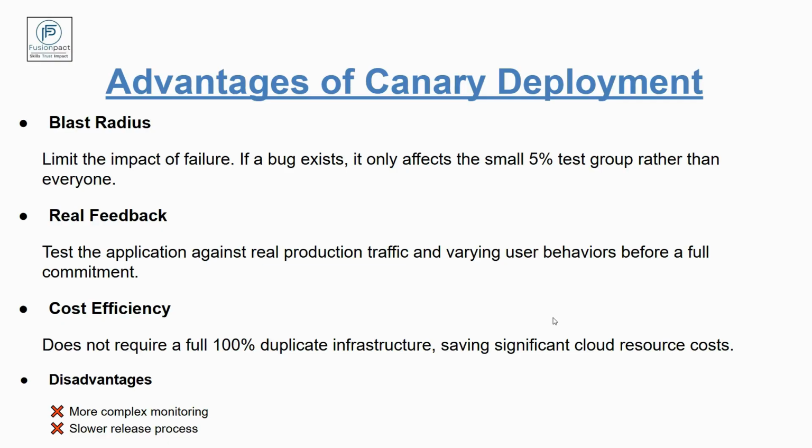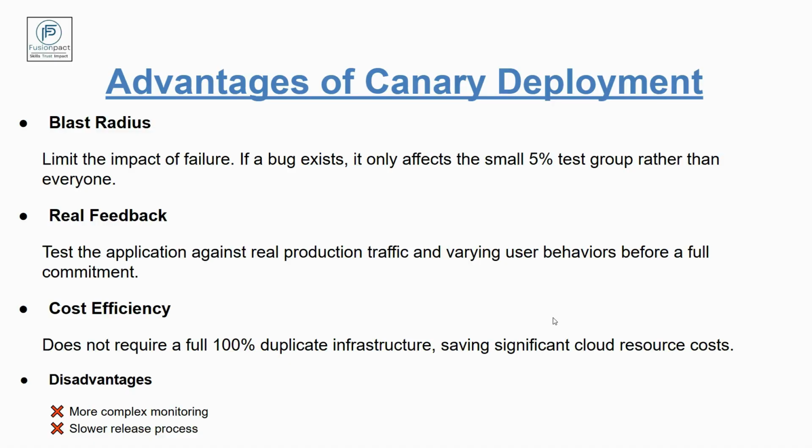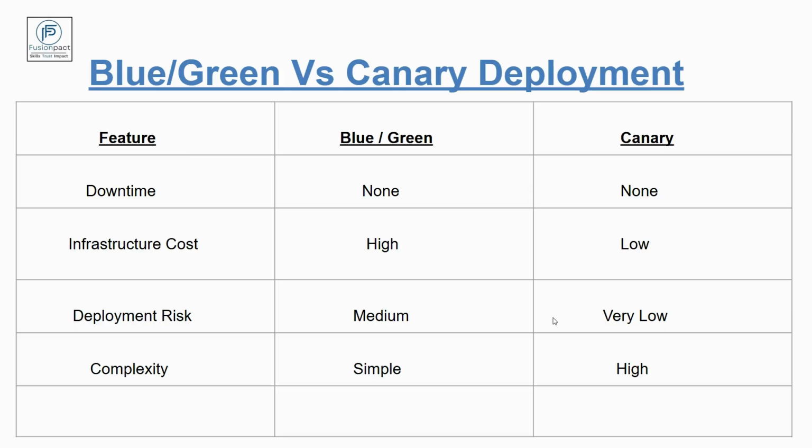Unlike blue-green deployment, we do not need a complete duplicate infrastructure here, which saves significant cloud resource costs. There are some disadvantages also: it is more complex to monitor, and the release process is slower.